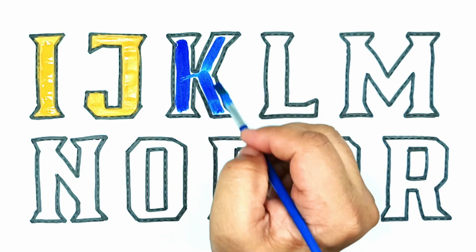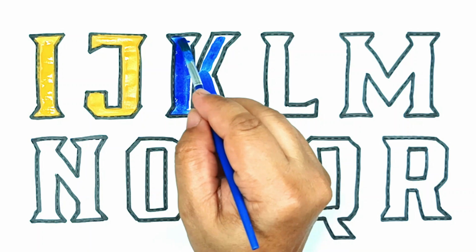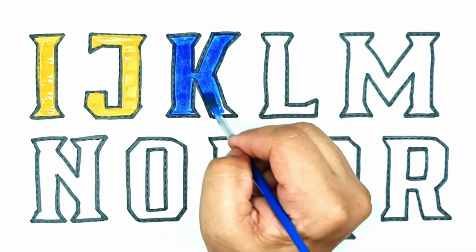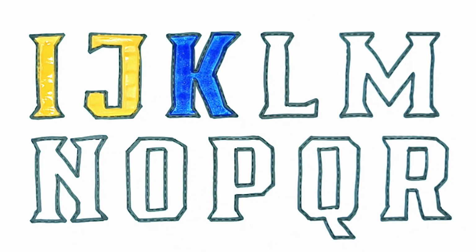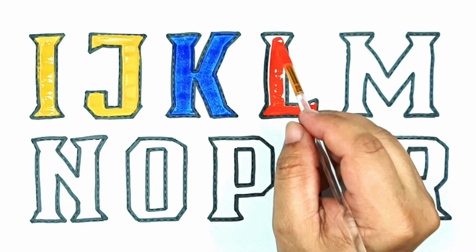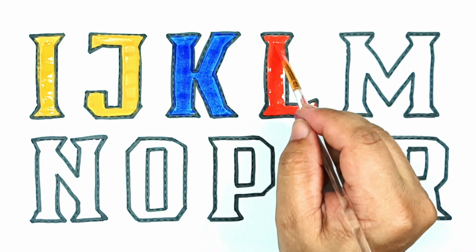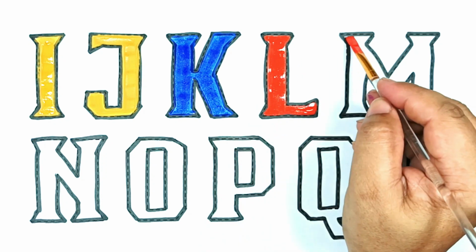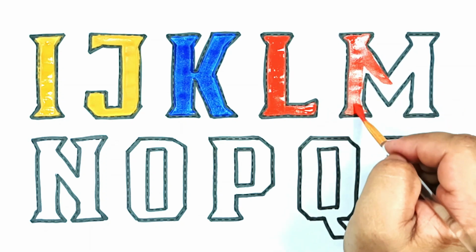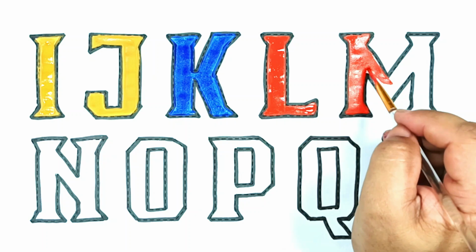K for kangaroo, K for key. K for koala, he's cute and he's brown. L for ladder, L for leaf. L is for lamb, he's prancing around. M for monkey, M for mouse.